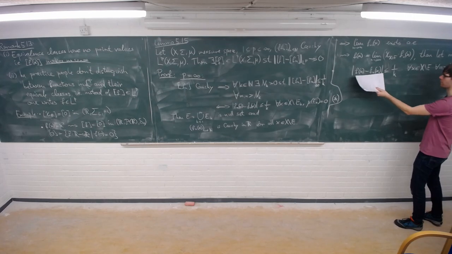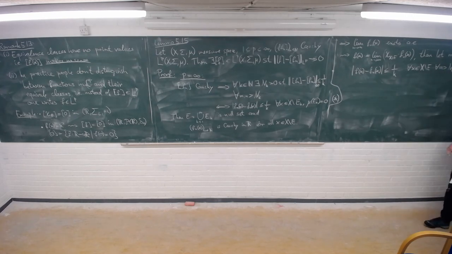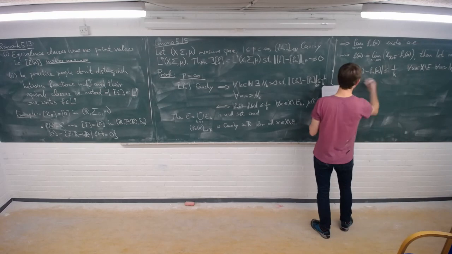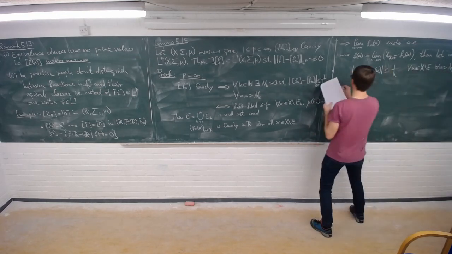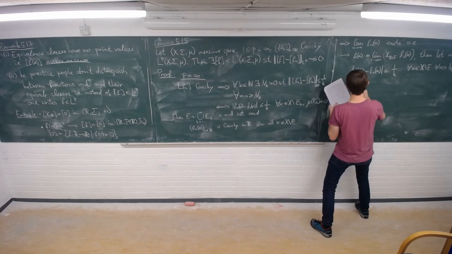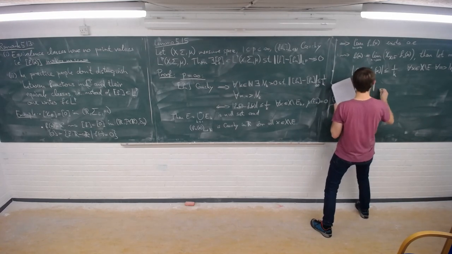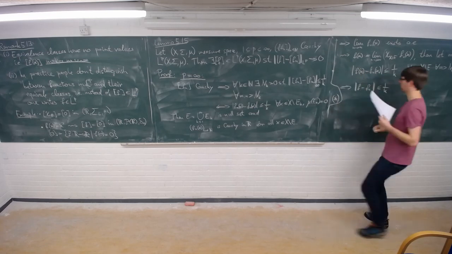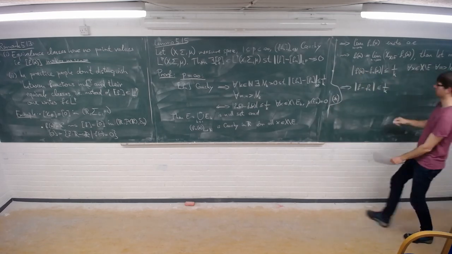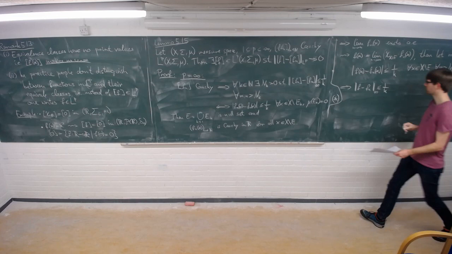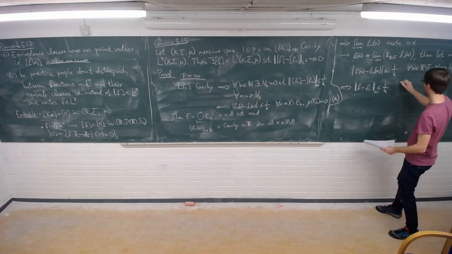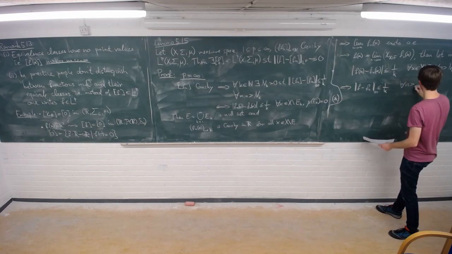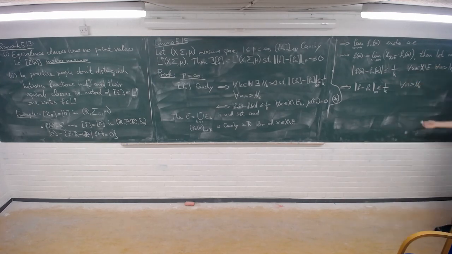Now we can take the essential supremum over x on both sides, and then we get that the infinity norm of f minus Fn is less than 1 over k. Well, this is precisely the definition of convergence, right?